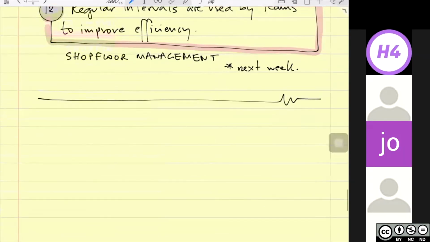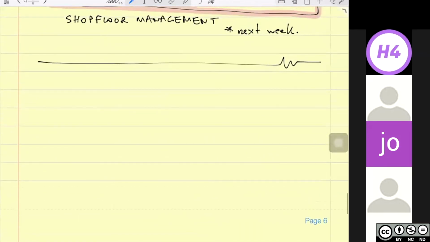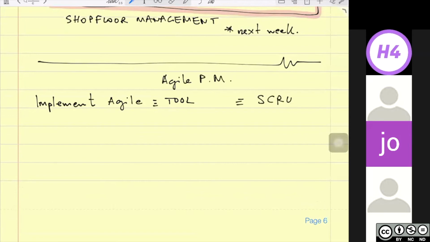So we can continue with a way to implement Agile. This is a tool, okay, an Agile project management tool, which is called Scrum. Okay, you will hear this probably in the future a couple times.